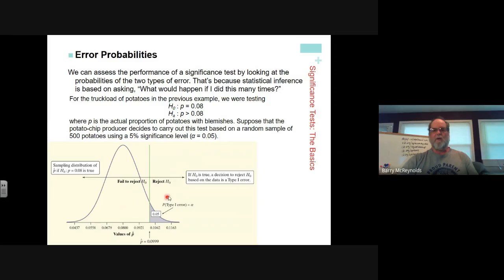Okay, so we did that calculation, and I showed you how to calculate this value of 0.999.